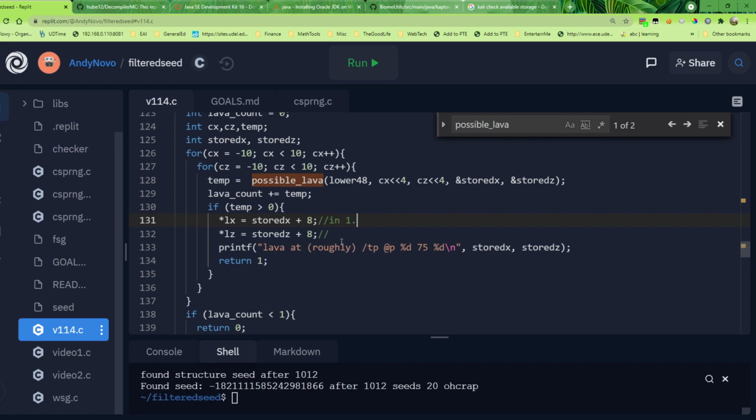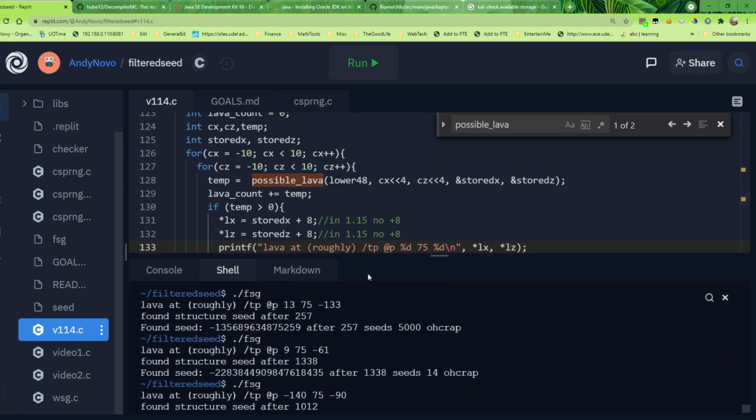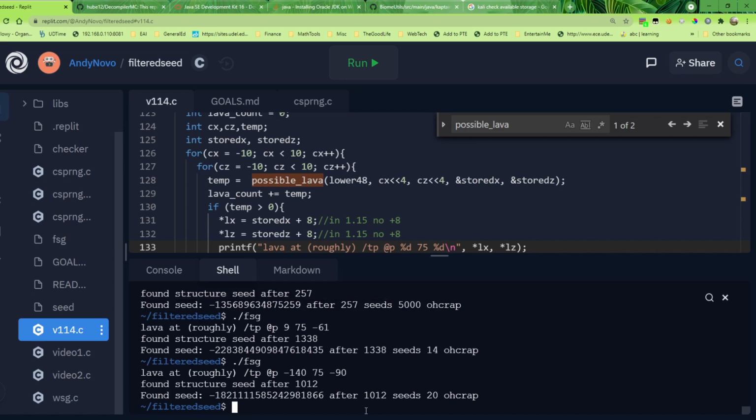I can explain why that +8 is there, actually. This game used to have a problem, I imagine, when Notch was developing it, okay? And the problem was this: if you place a tree... So let's say you have a forest, and you place a tree, and the tree is sort of on a chunk border, so the leaves go into another chunk, okay?